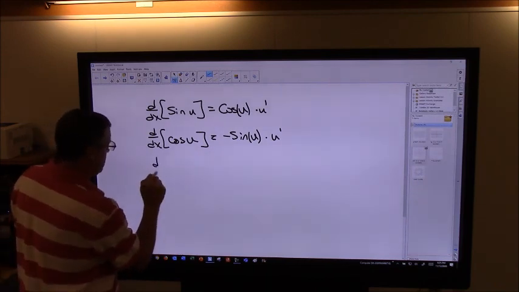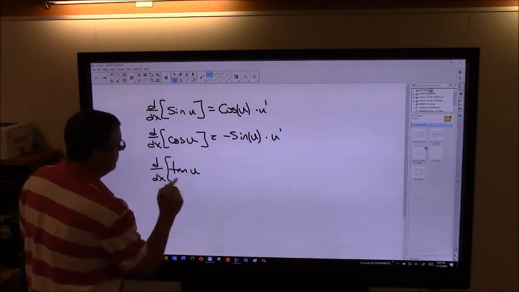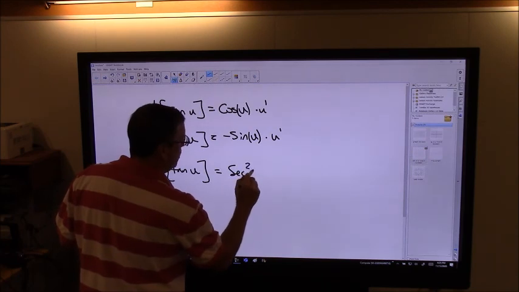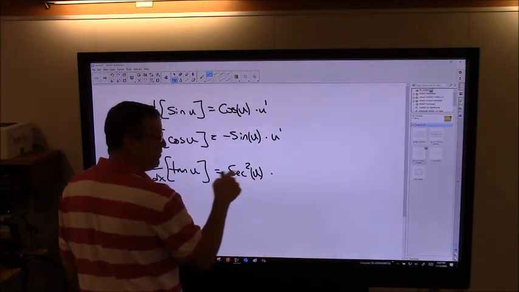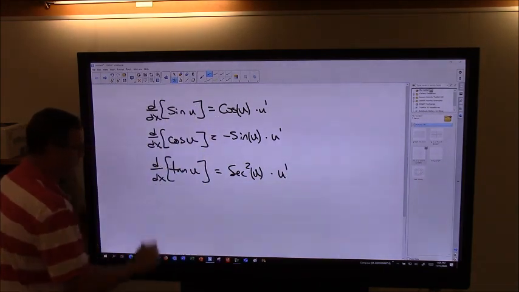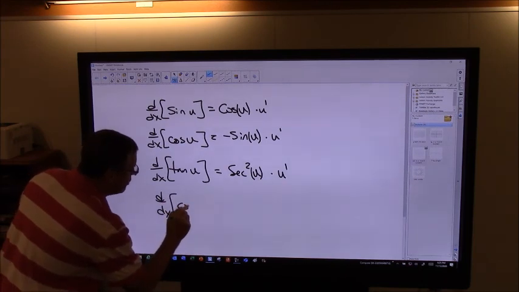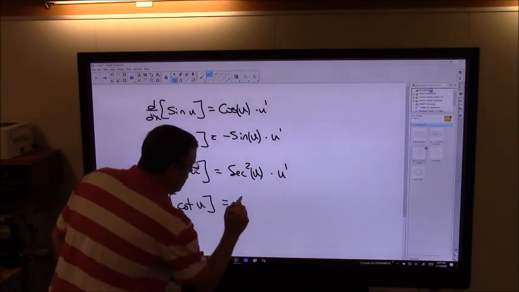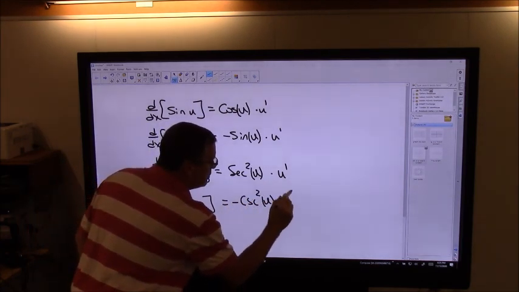If I'm taking the derivative of a tangent of u, that's going to equal a secant squared of u, there's my angle, times the derivative of what's inside the parentheses, u prime. So my derivative of a cotangent of u is equal to a negative cosecant squared of u times u prime.